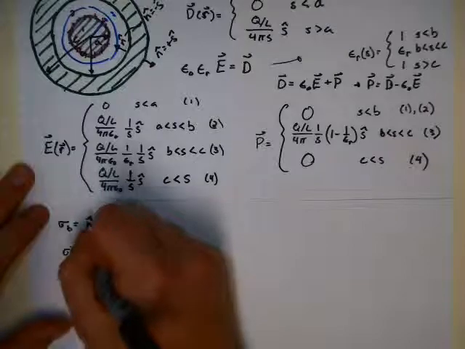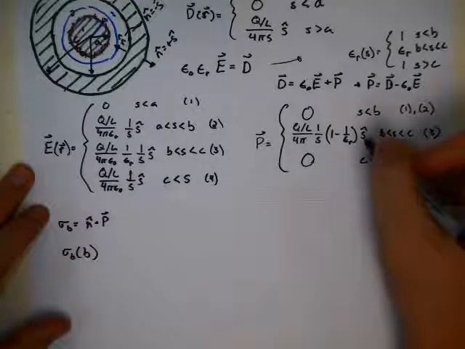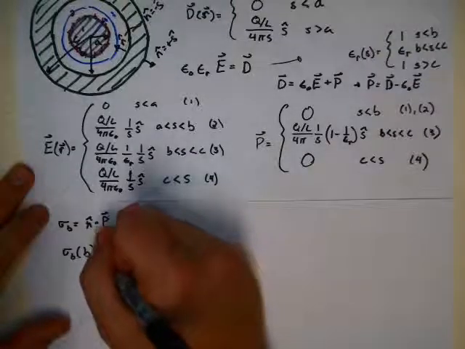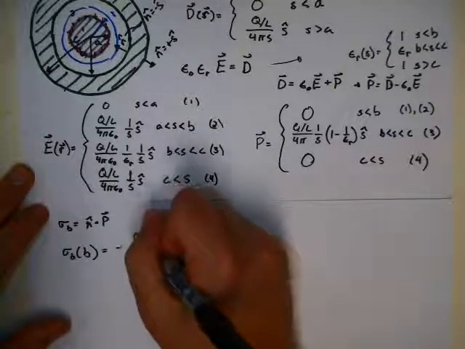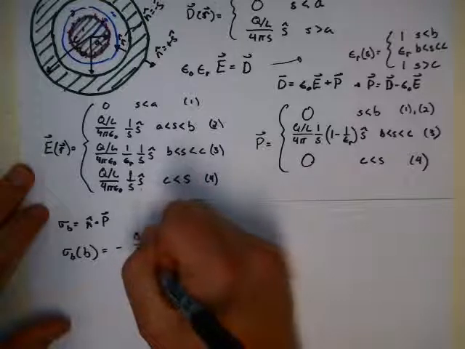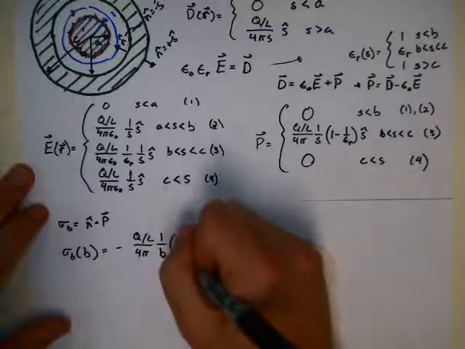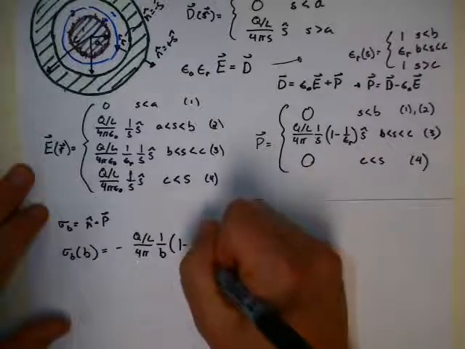I'm going to find, of course, that the sigma b on the inner surface is going to get a minus sign because I have minus s hat dot s hat. So minus Q over L over 4 pi, 1 over B, because that's where it's evaluated, 1 minus 1 over epsilon r.